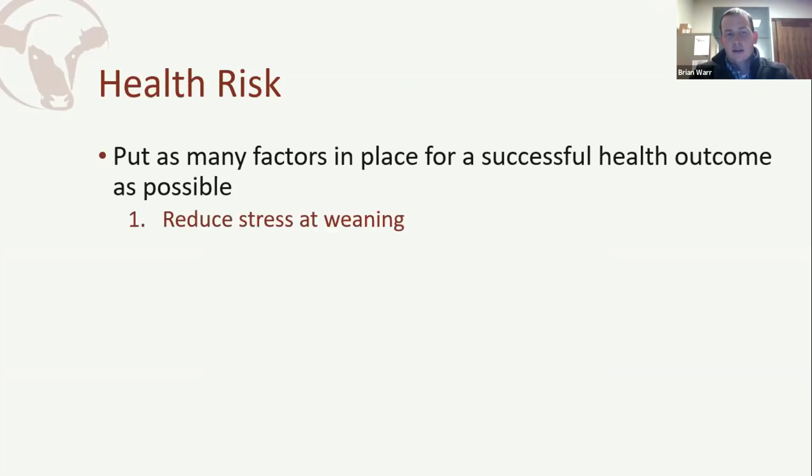And he drove home several times, and I think very important, we need to do whatever we can to reduce stress at weaning. And maybe you're weaning your own calves and you can reduce stress early. And we talked about the silent weans and different options that are available. But my challenge to you tonight would be to pick one thing that you can do in your operation to reduce stress at weaning.